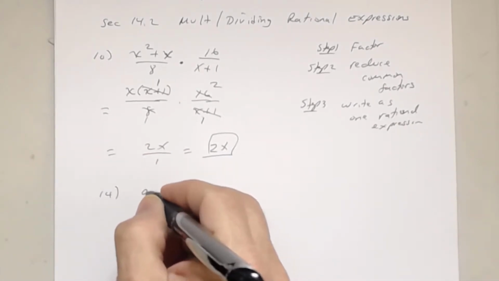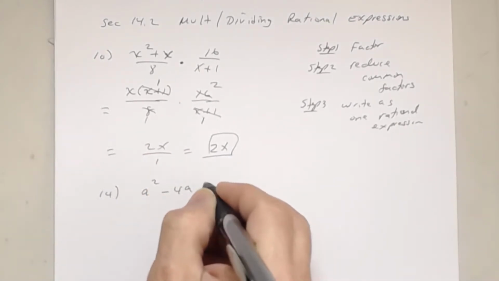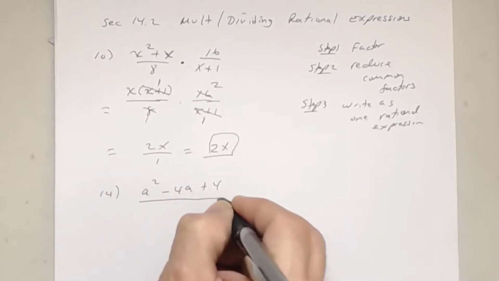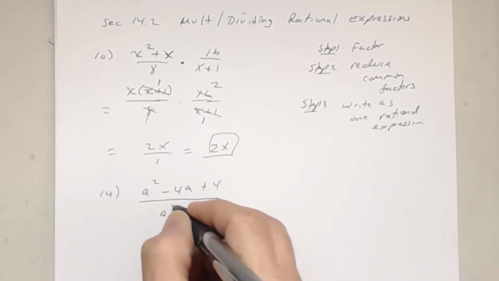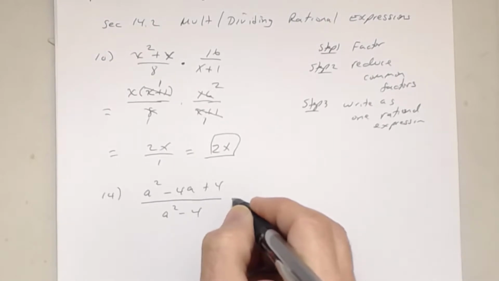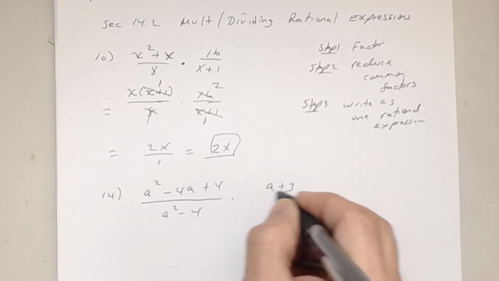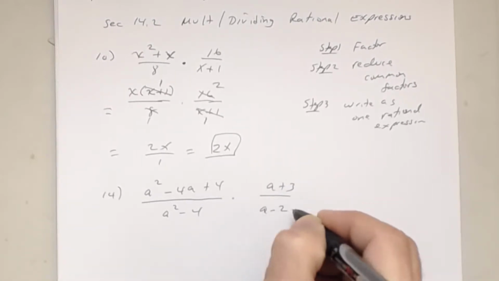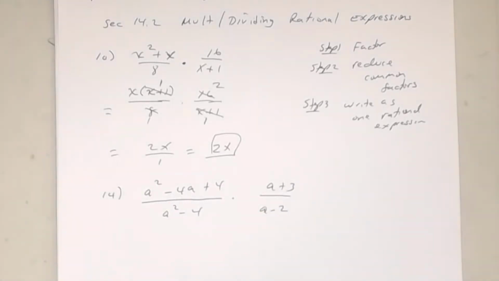You have a squared minus 4a plus 4 divided by a squared minus 4, times a plus 3 divided by a minus 2. How many rational expressions do you see? What are you doing to those two rational expressions? Multiplying, right.